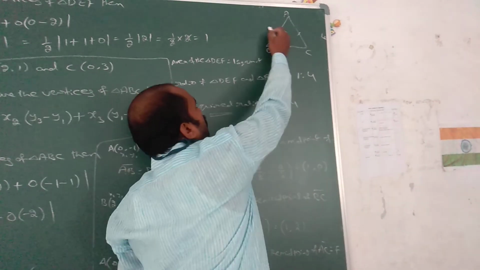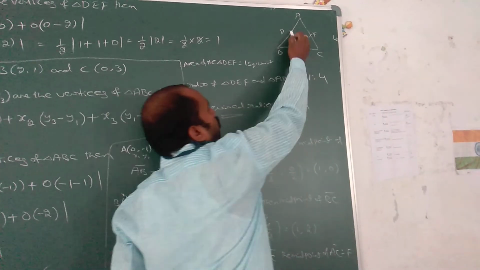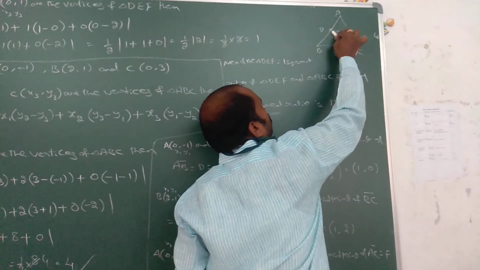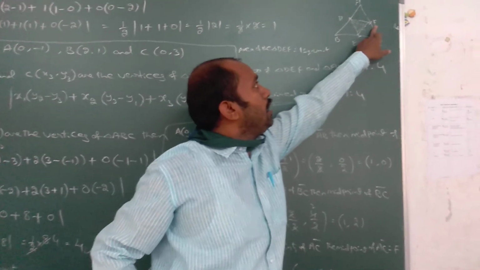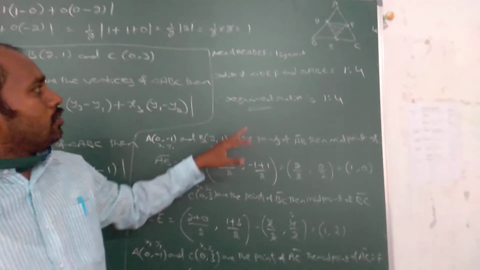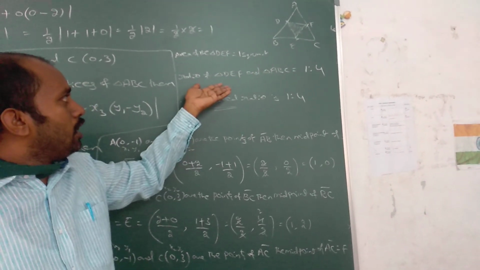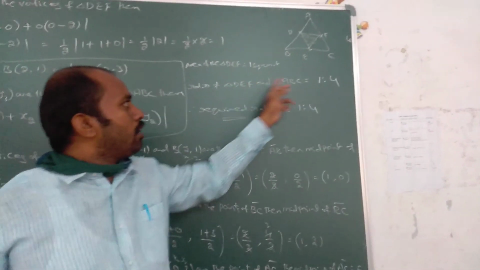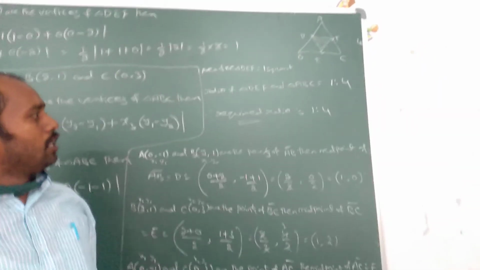The midpoints are D, E, F. After finding the midpoints, we find the area of DEF. Last, we compare the areas of triangle ABC and triangle DEF. The question asks for the ratio of the areas of DEF and ABC, so first you write the area of triangle DEF and the area of triangle ABC ratio.